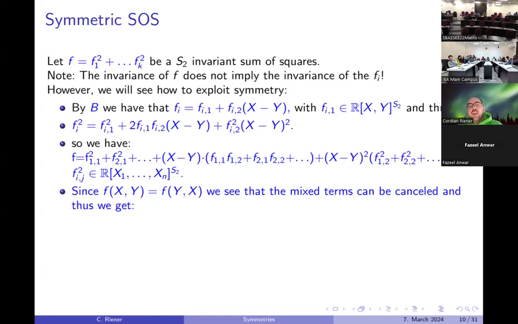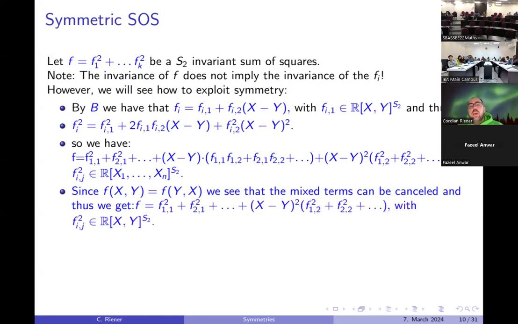So if I add f of x and y with f of y and x, these middle terms will just cancel out. So by doing this simple trick, f of x and y is the same as f of y and x, and so I should just take half of the sum. I actually cancel out all the middle terms. And I have now a really neat decomposition of my polynomial in terms of polynomials that are squared, that are invariant.